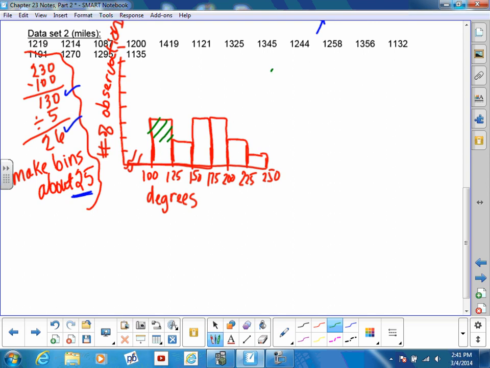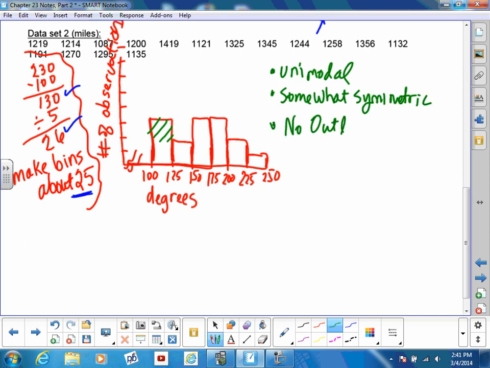It would look pretty unimodal, and then what else do we say? Somewhat symmetric, and what else do we say? That there are no outliers. Okay, so that's our conclusion.